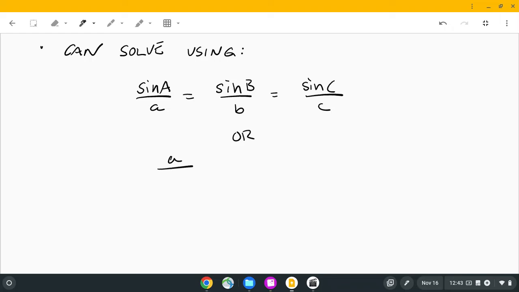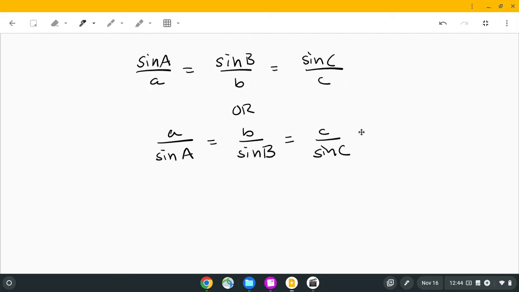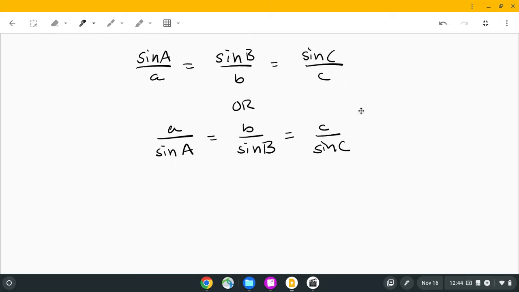But you definitely don't have to memorize all 6. You just really need to remember the setup. And it doesn't matter which one you use. To me, I just use the one where if I'm solving for a lowercase letter, then I'll use one of these.